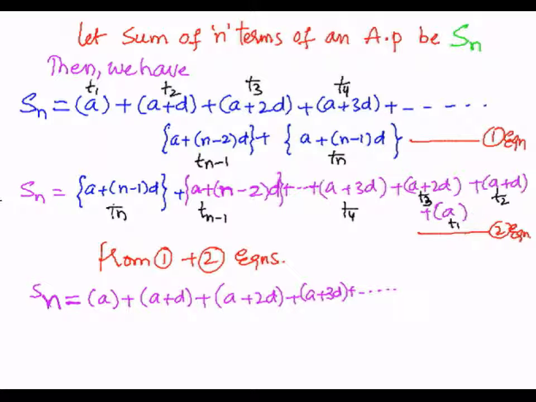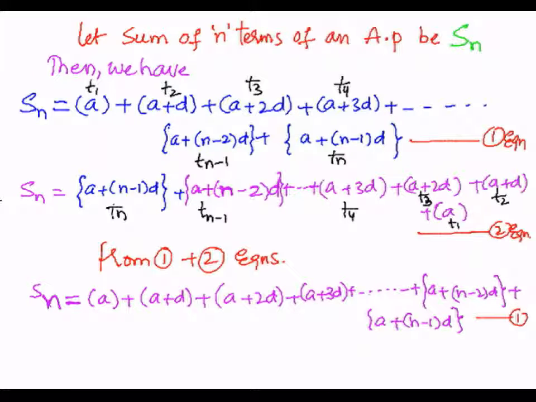So the series ends with a plus n minus 2 into d plus a plus n minus 1 into d. This is the first equation.